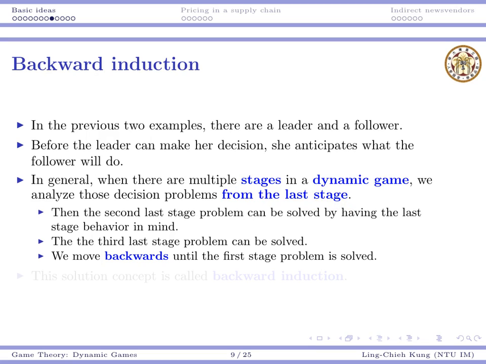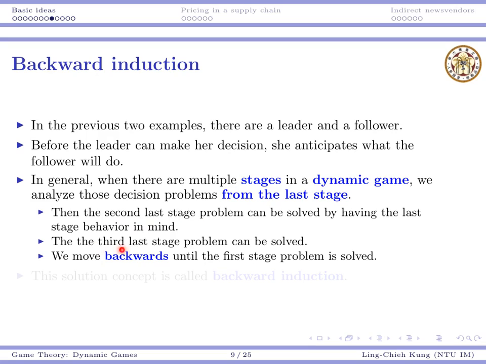Because this player can see the whole history of this dynamic game. And then this player can make her own decision without worrying about the other players because no other player is going to move afterwards. So we can solve the last stage and then we will move back to the second last stage because if we know what will happen in the last stage, we can fully determine what to do in the second last stage.